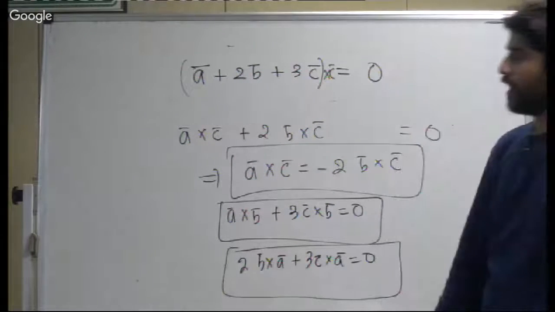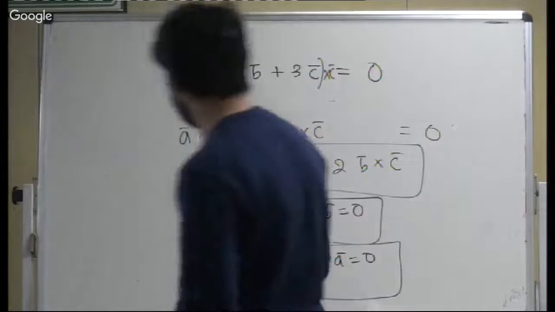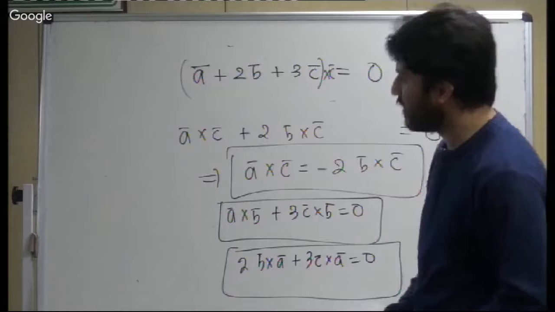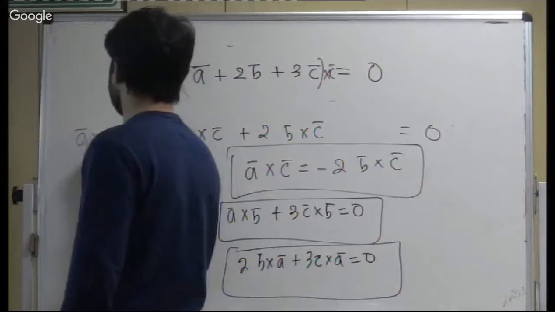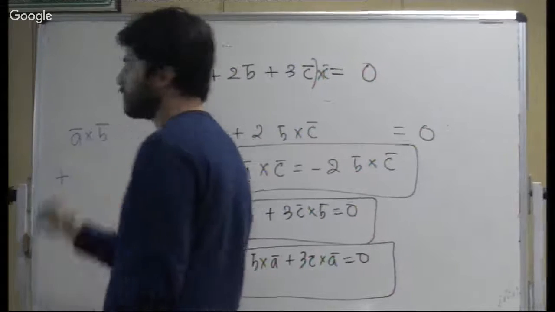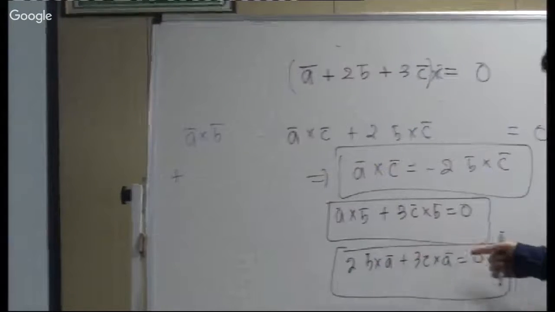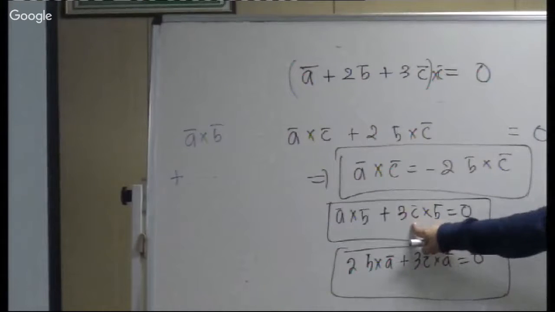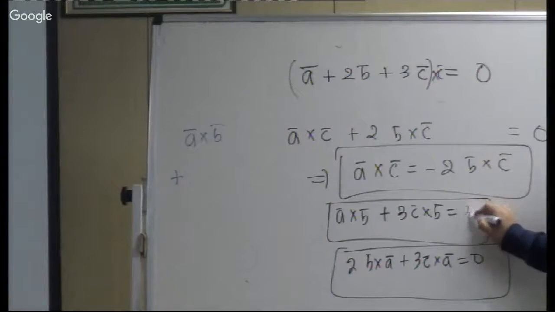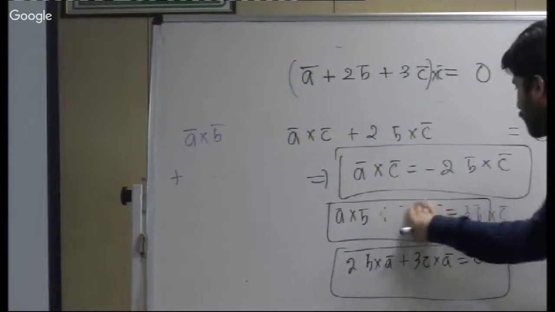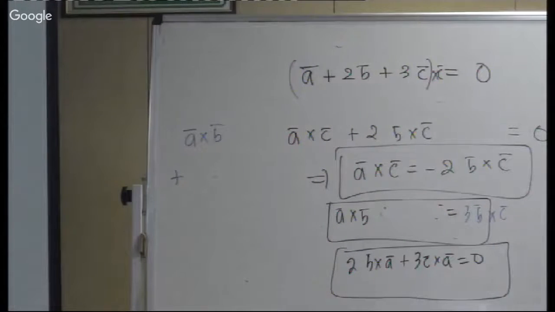Now I have to write my left hand side, the first thing, in terms of A cross B. So A cross B will remain A cross B plus B cross C, where I can see B cross C here. So if I put this thing here, this will become 3B cross C, right? Because minus will take care of the C cross B part.